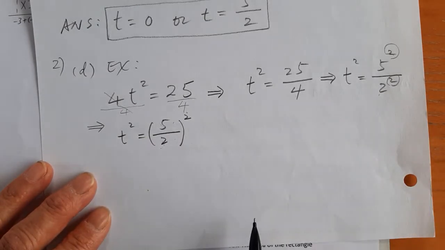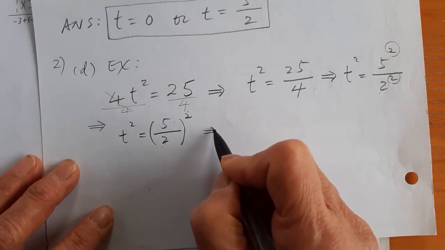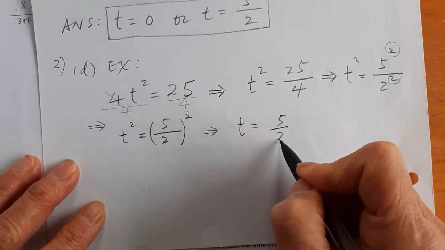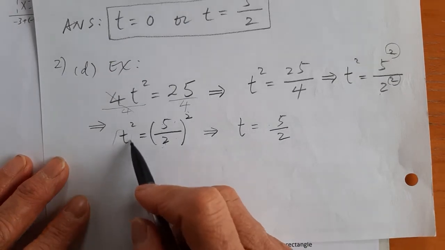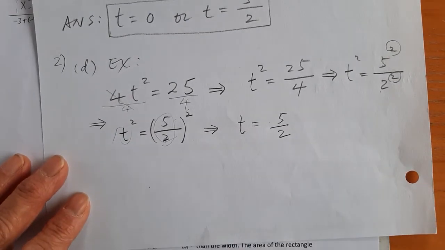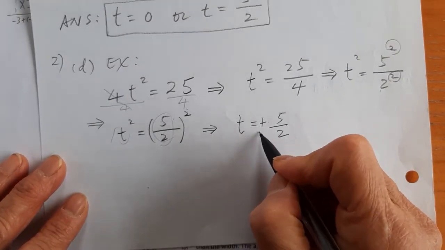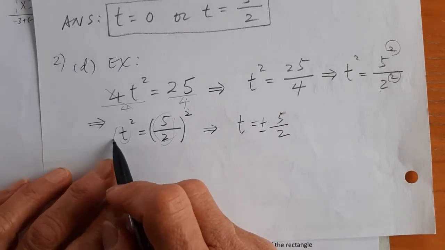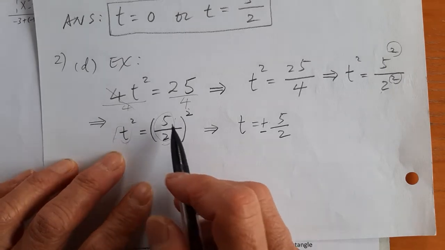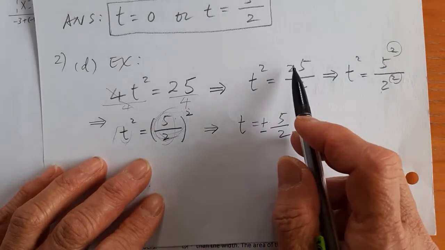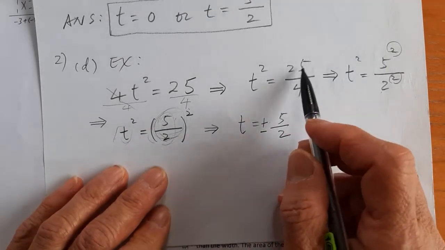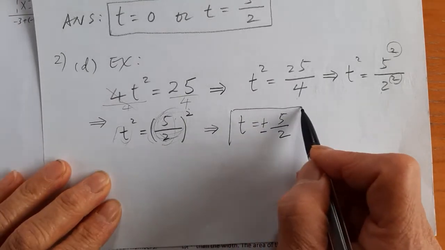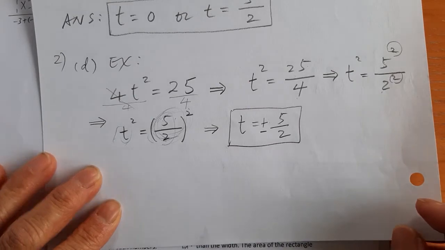They are equal. So then what is t? t will be 5 over 2, the positive one. But there's another one, which is negative 5 over 2, because if t is negative 5 over 2, you square it, it still equals the right side, 25 over 4, becoming positive. So there are 2 solutions.